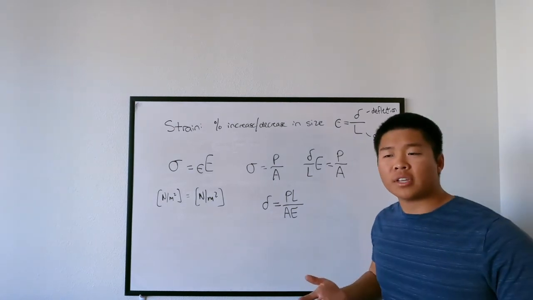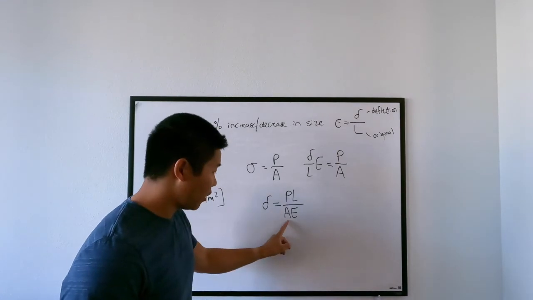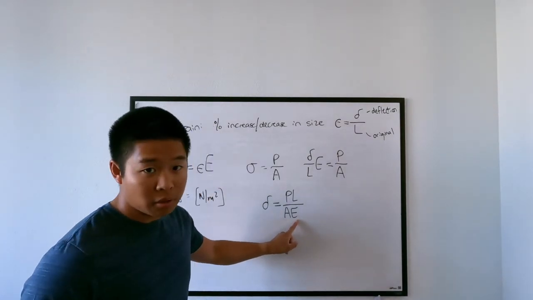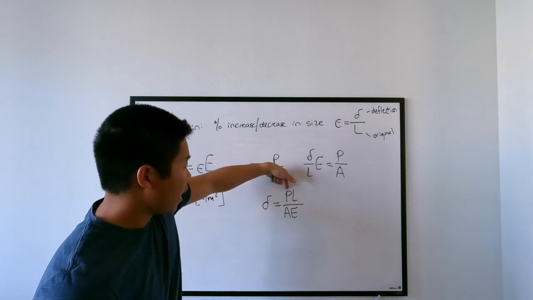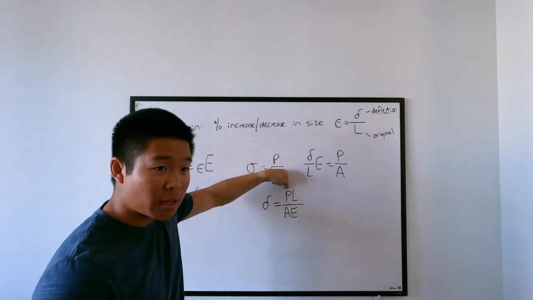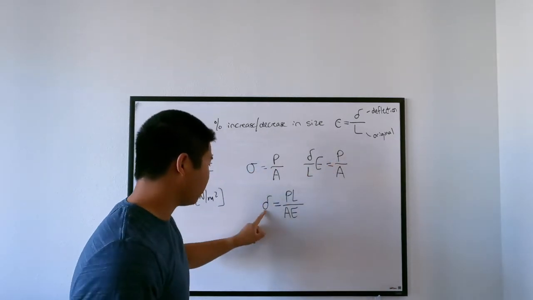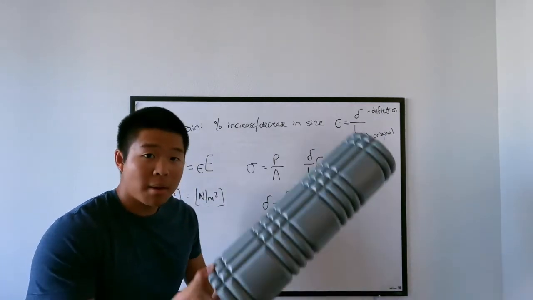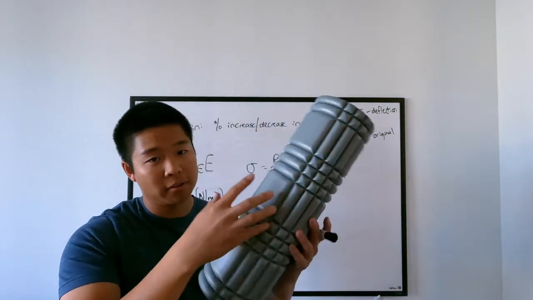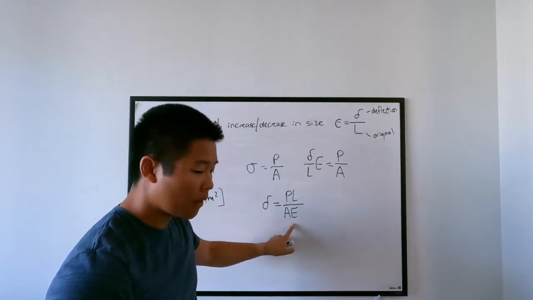What does this equation tell us? For a certain cross-sectional area of a certain material that has some length, how much axial force can I put on it before it deflects? So back to my foam roller example. My foam roller has some stiffness. If I look up the Young's modulus of this foam, I can get a value and put it here.